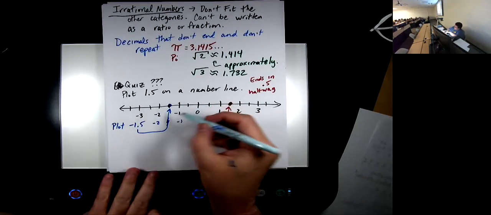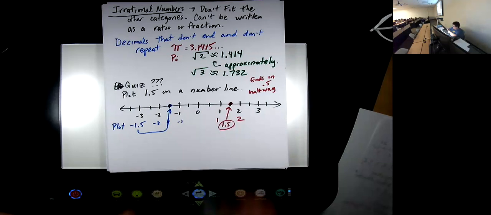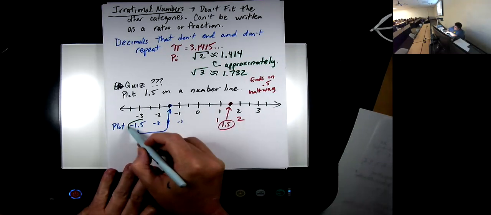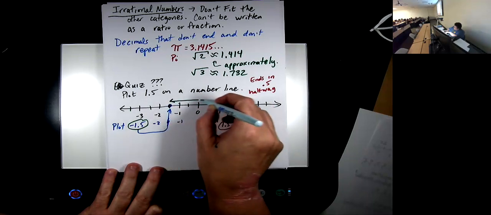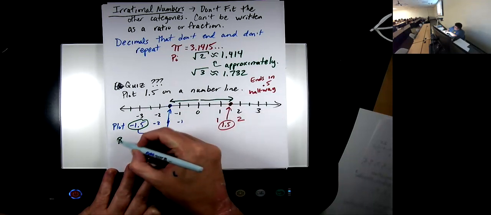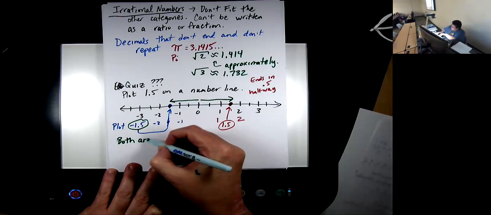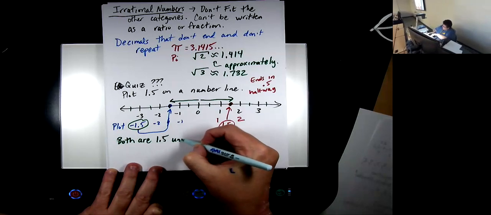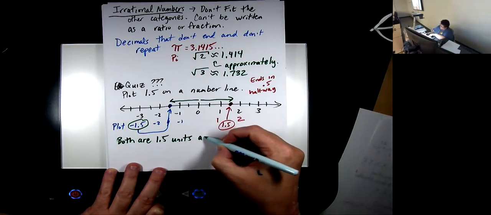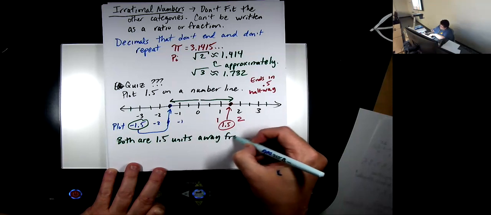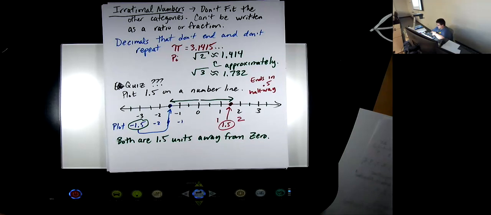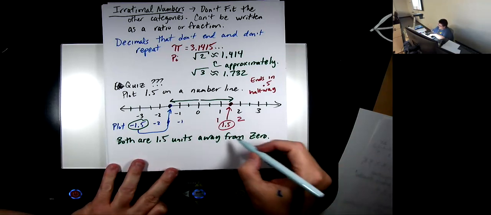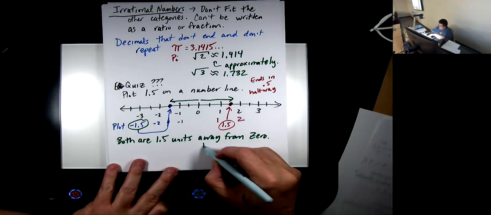So this is -1.5 and that's positive 1.5. Both of these are 1.5 units away from 0, or maybe like their distance from 0.